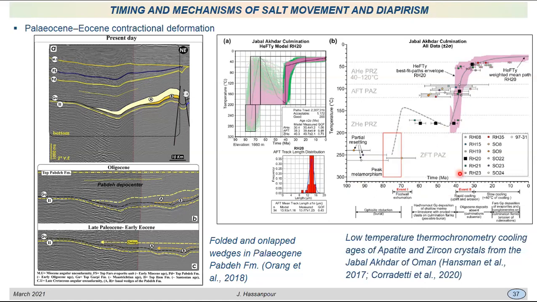So this low temperature thermochronometry data and these seismic examples show that there was a contractional deformation affecting the Oman mountains and Zagros and squeezed the diapirs in our study area.